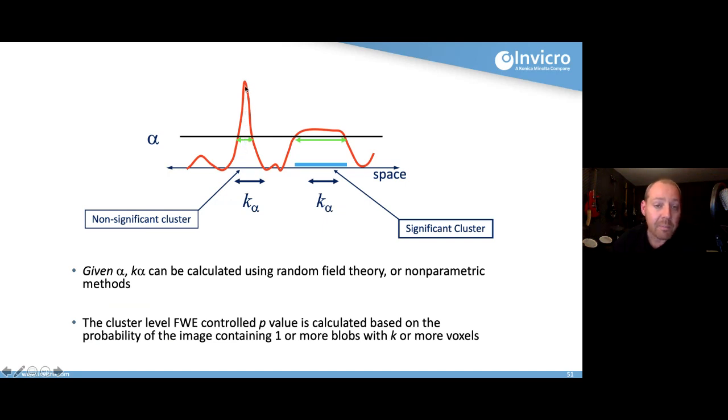It's perhaps more likely to be just active by chance. Whereas this one, okay, it's not activated so much, but it's quite large. Therefore, it's probably more likely to be genuine. And there are various ways of doing this calculation and coming up with these different spatial and amplitude thresholds, and it gets a little bit complicated, but that's the essential idea behind it.